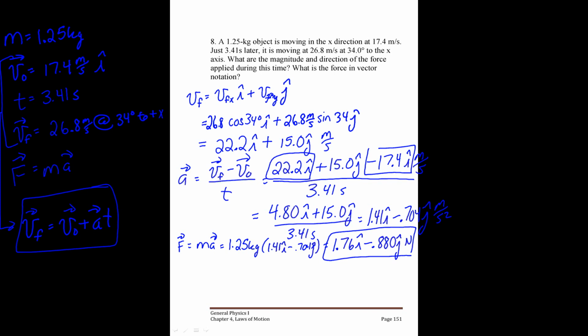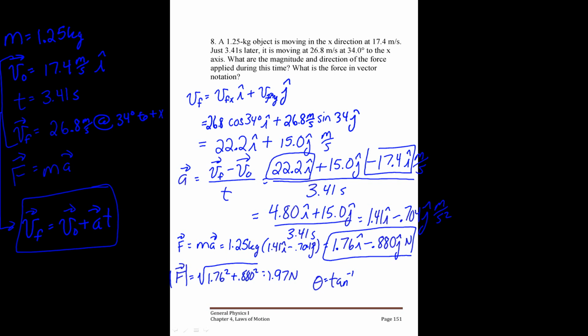Now I also want to know the magnitude and direction of that force. For the magnitude of the force, just use the Pythagorean theorem, 1.76 squared plus 0.880 squared. I get 1.97. And the angle theta is the inverse tangent of the y over the x components.